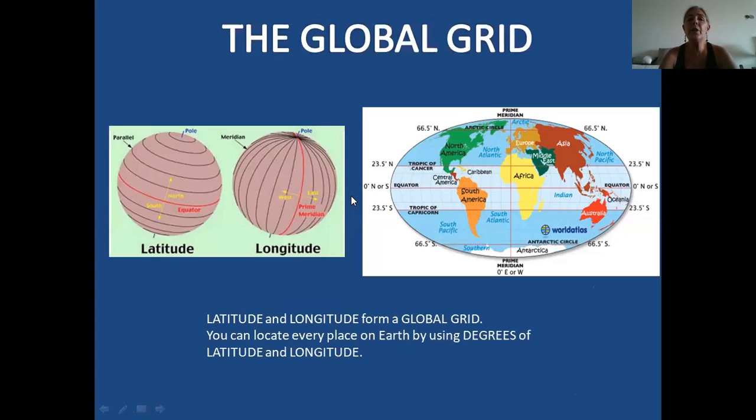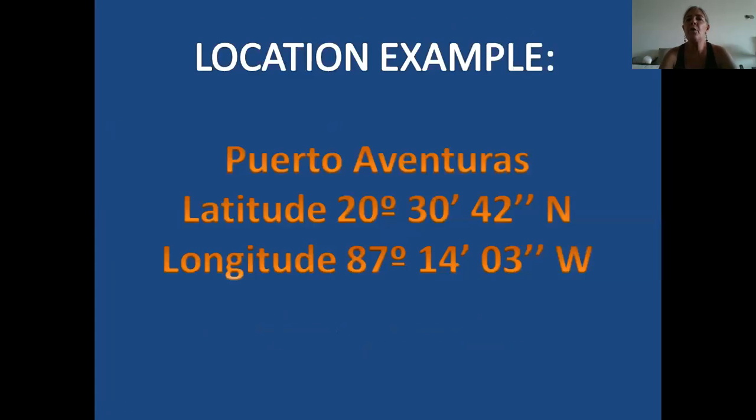So when we are using latitude lines and longitude lines, this is going to create a grid. You can see it over here. So they form what it's called a global grid. You can locate every place on Earth by using degrees of latitude and longitude. For example, as a location example, we're using Puerto Aventuras.